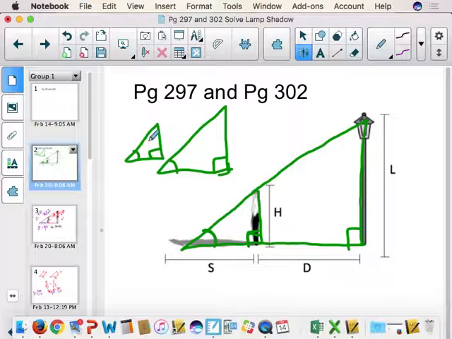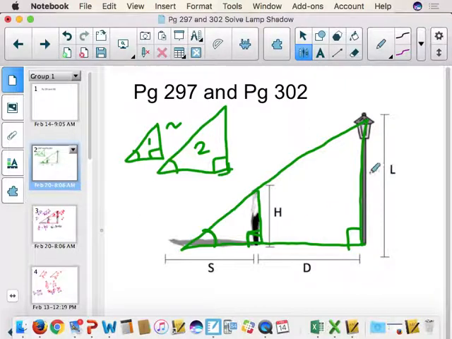So we know that triangle 1 is similar to triangle 2, which means the side lengths are proportional. The triangles are similar because the angles are congruent and the sides are proportional.